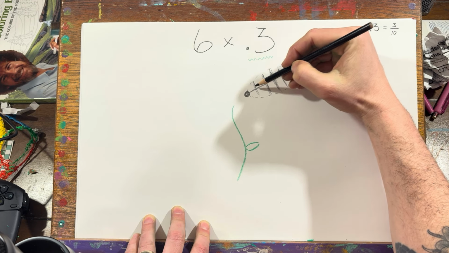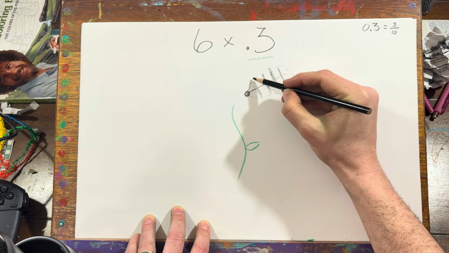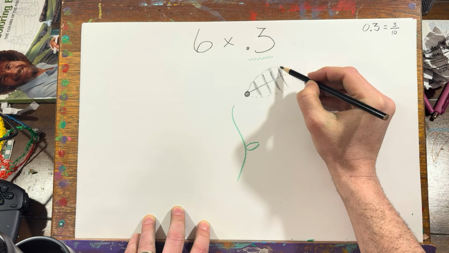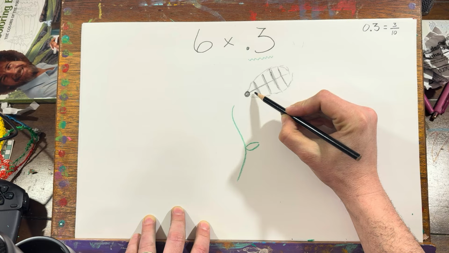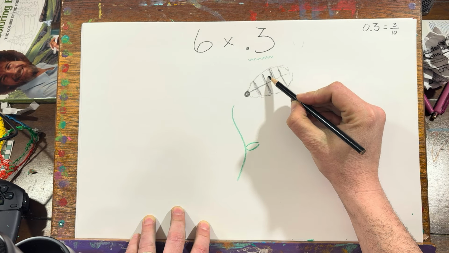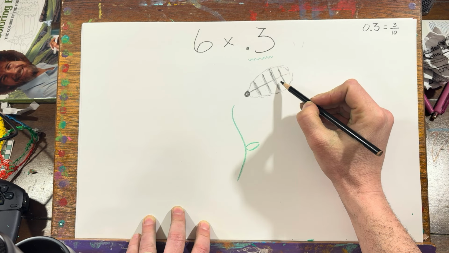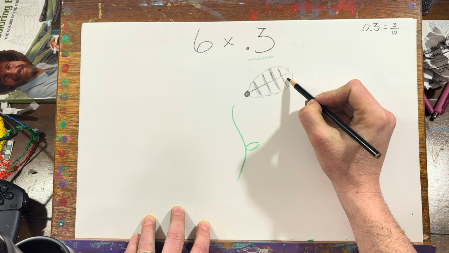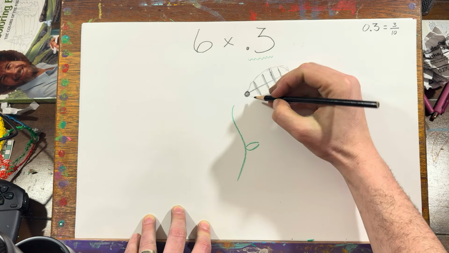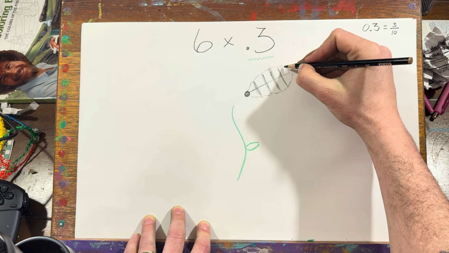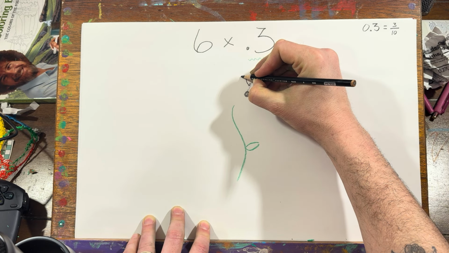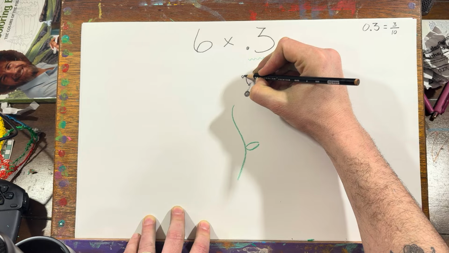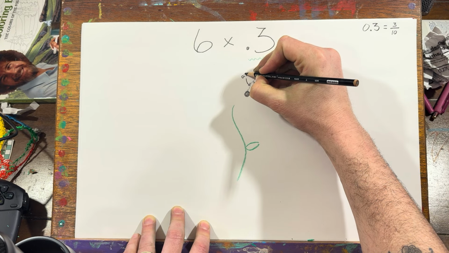I'm trying to make it better by making them wider. So if this is 1 petal, and I've broken it into 1, 2, 3, 4, 5, 6, 7, 8, 9, 10 equal parts, each of these parts is 1/10, or 0 decimal point 1.